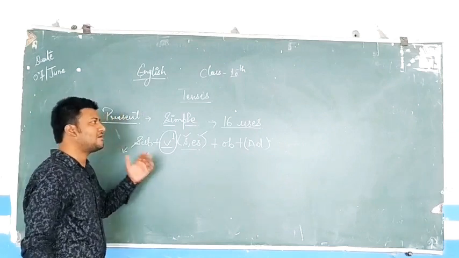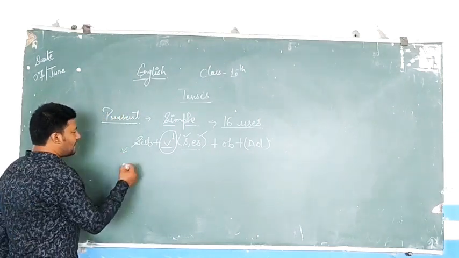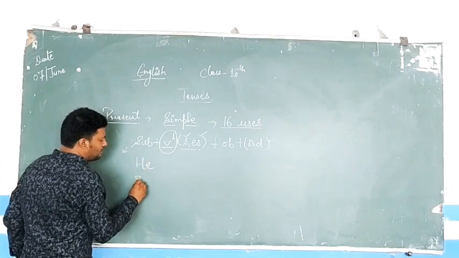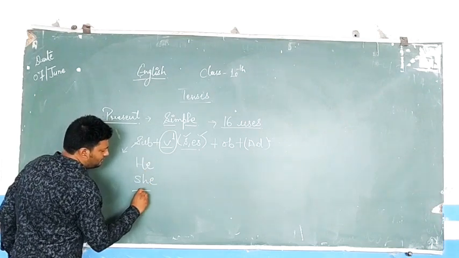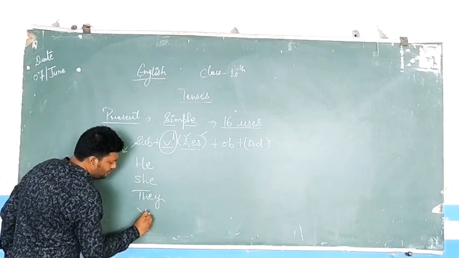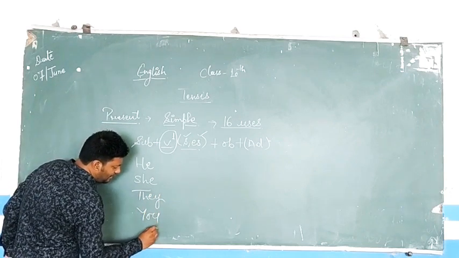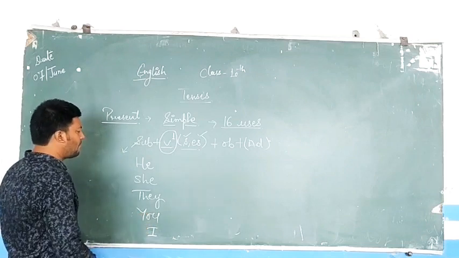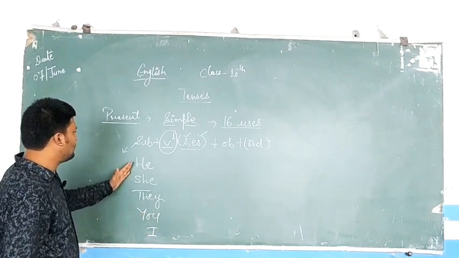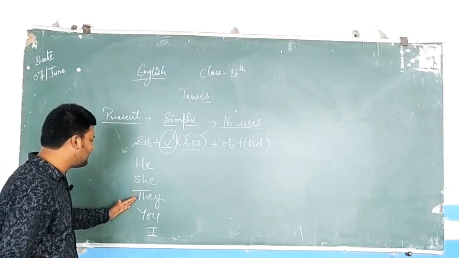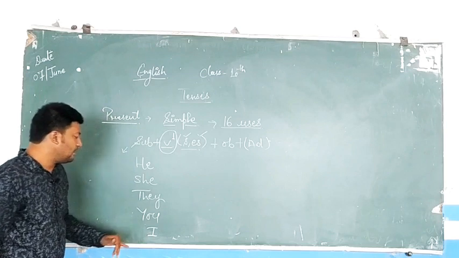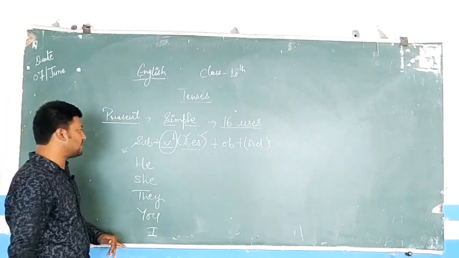Here one question arises. Suppose I take a subject he or she or they or you or I. These all are different persons. He, she and they are third persons, whereas you is the second person and I is the first person.